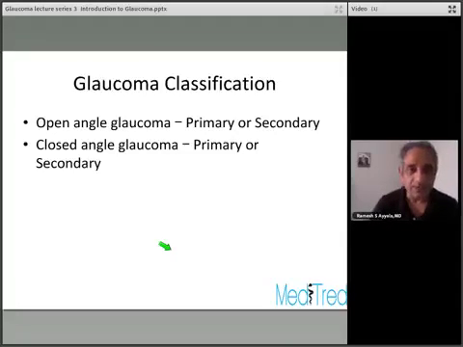So let's come to the present day classification as we understand it now. Since science has progressed from those days, we broadly classify glaucoma as open angle and closed angle, and each variety is again divided into primary or secondary.